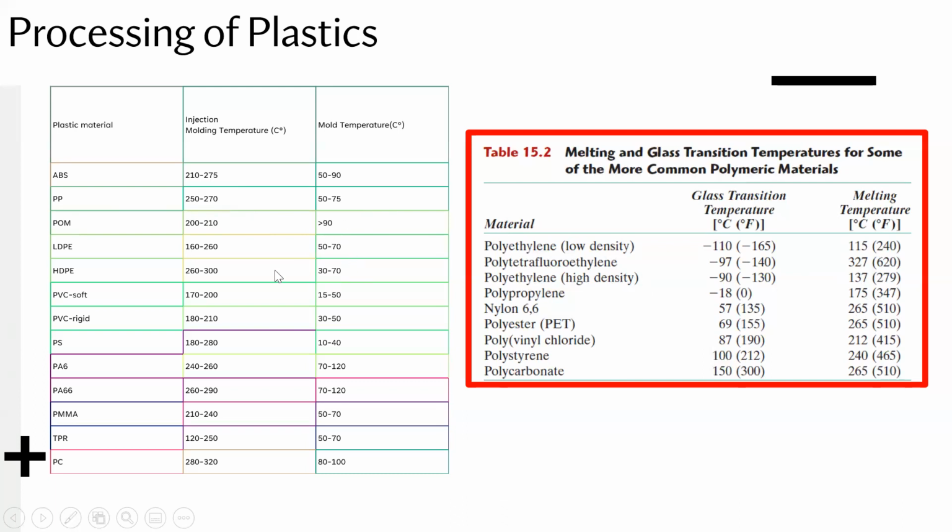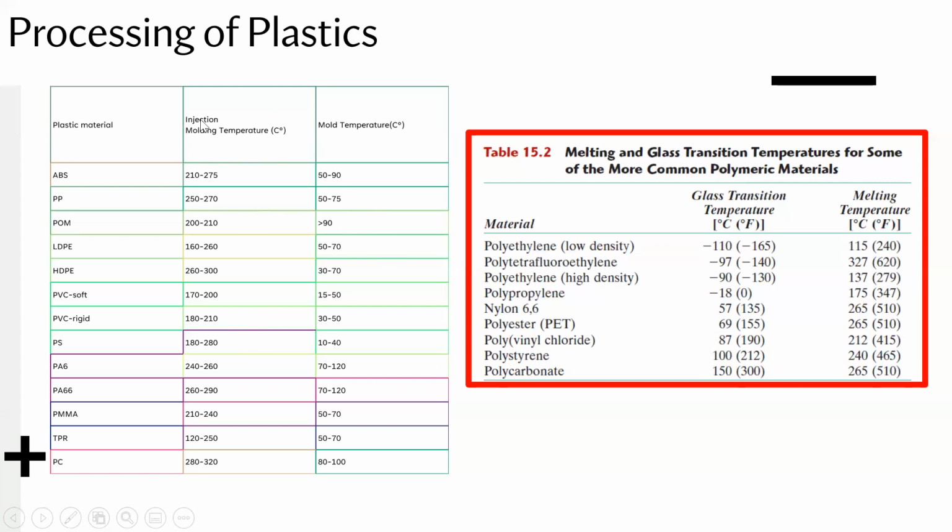Similarly, for LDPE, low density polyethylene, you've got 160 to 260. It's also quite high, a lot higher than its melting temperature. For all of these, you'll notice that the temperatures are pretty high. They go well above their melting temperatures. So what you see is we've got two different temperatures.